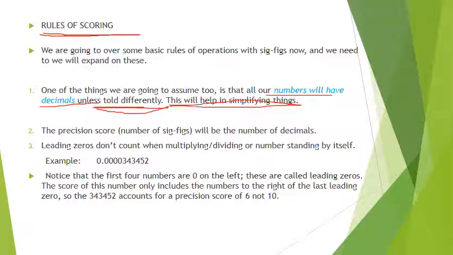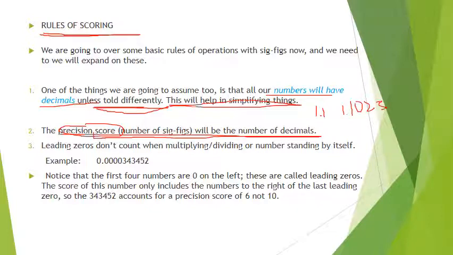And what we're going to do for now, which is going to be a little different than what we just talked about, is that the precision score, or the number of sig figs, is going to be the number of decimal points. So in the previous example, we have 1.1 and 1.1023.